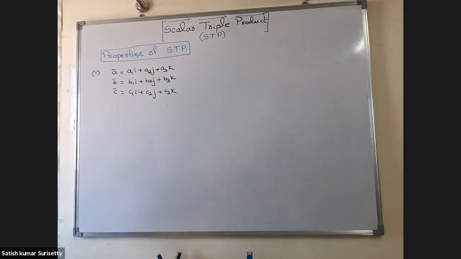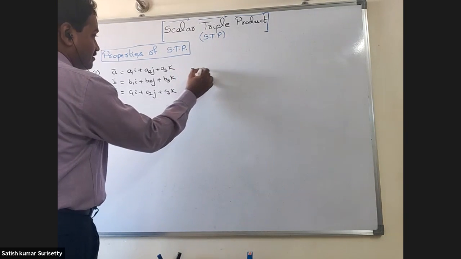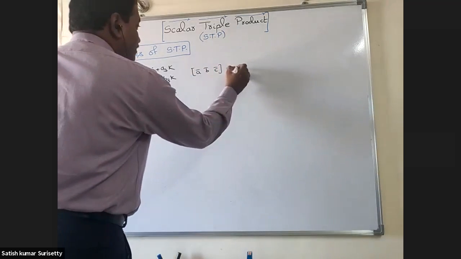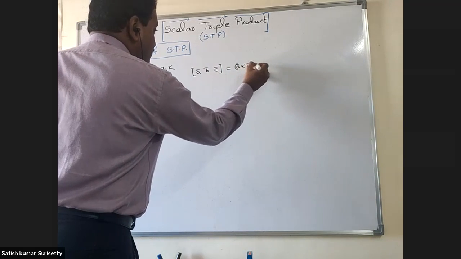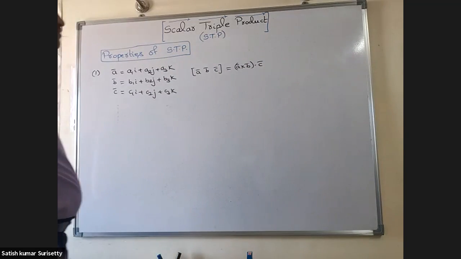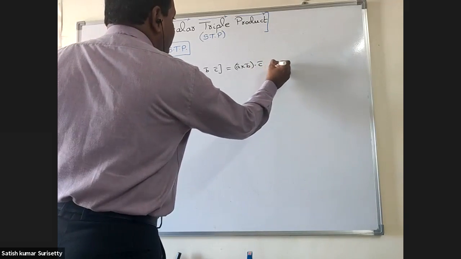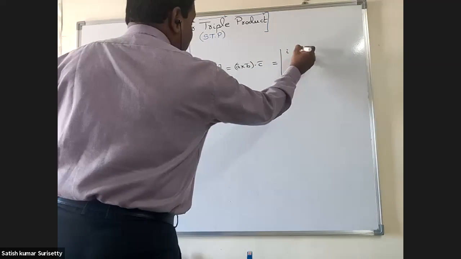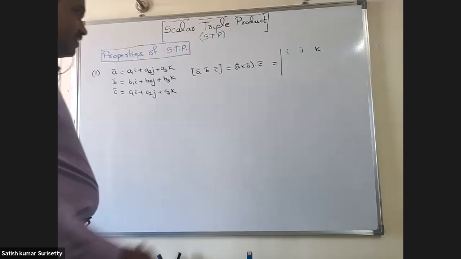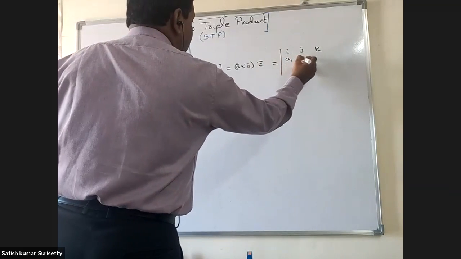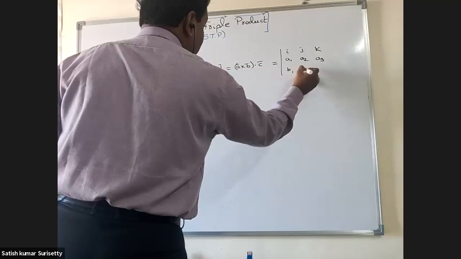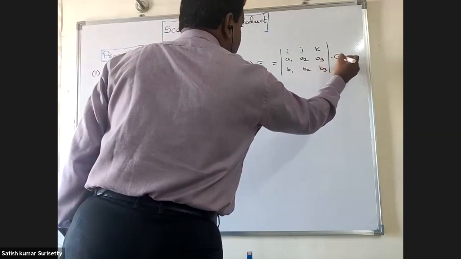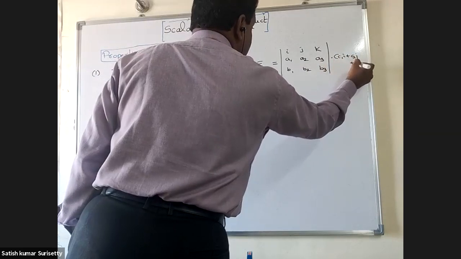Then scalar triple product, that is box of A bar, B bar, C bar equal to A bar cross B bar dot C bar, which is equal to determinant of i, j, k, A1, A2, A3, B1, B2, B3 dot C1i plus C2j plus C3k.